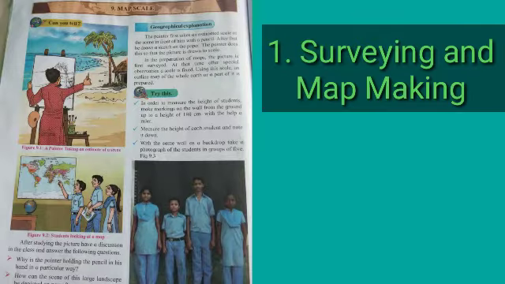Our first point is surveying and map making. Observe the figure 9.1, a painter taking an estimate of a scene, and figure 9.2, students looking at a map. Dear students, see the first question on the page number 60. Why is the painter holding the pencil in his hand in a particular way?